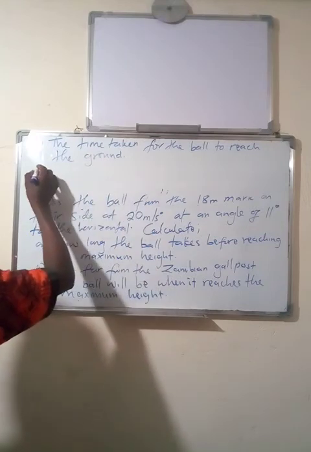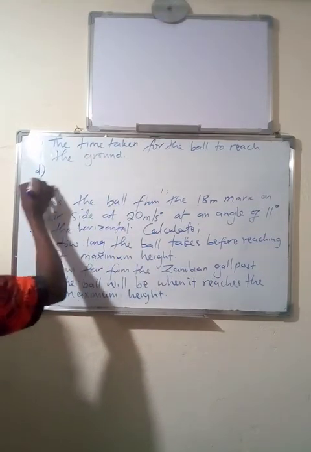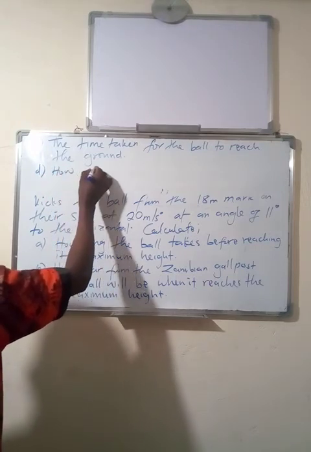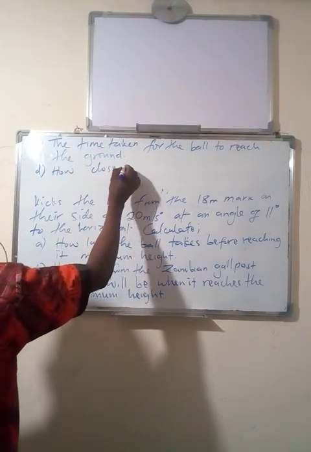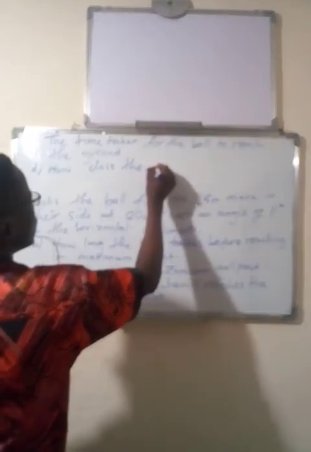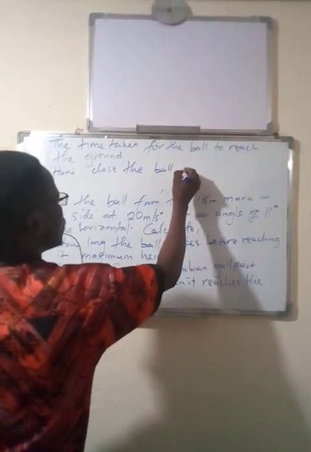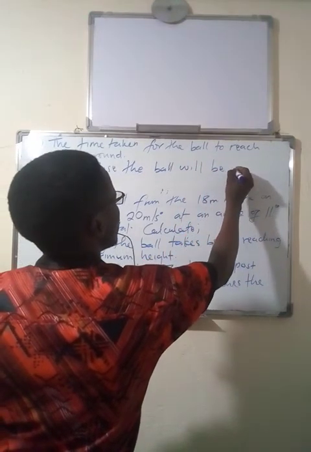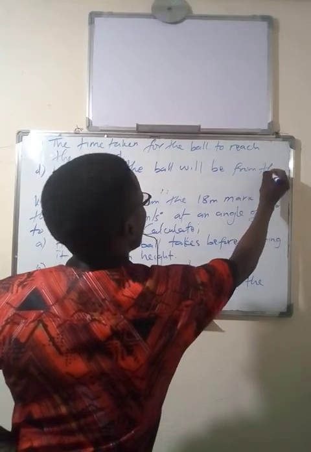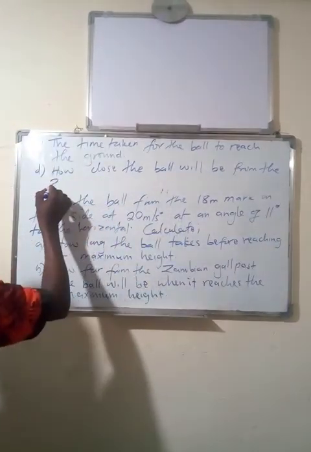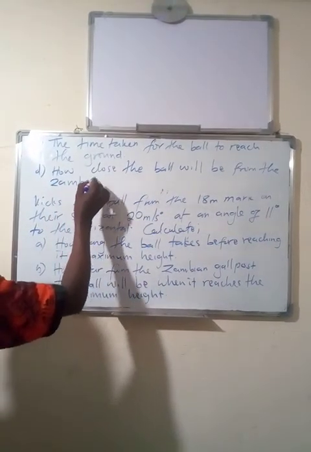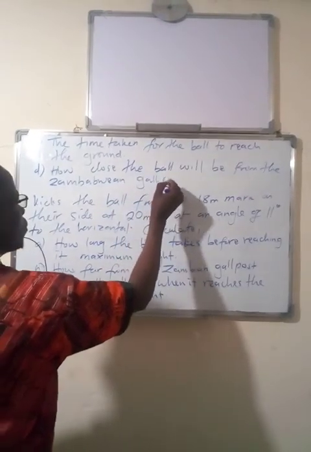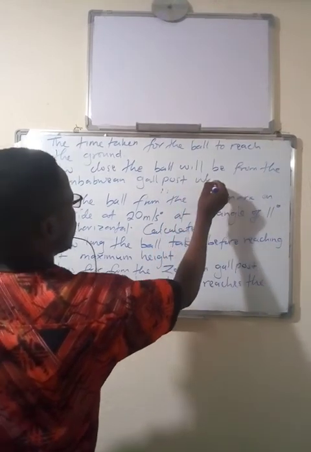D, how close the ball will be from the opponent, from the Zimbabwean goalpost, when it hits the ground.